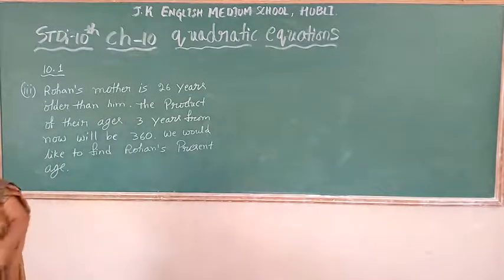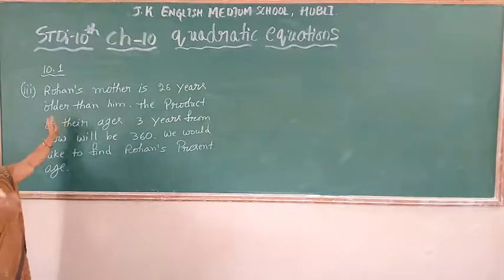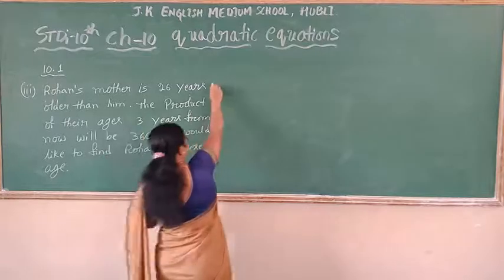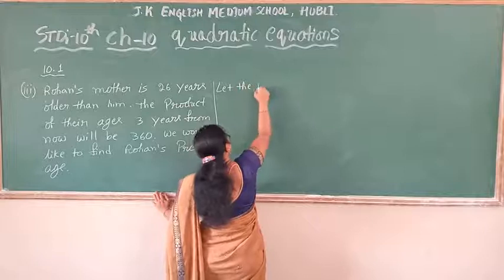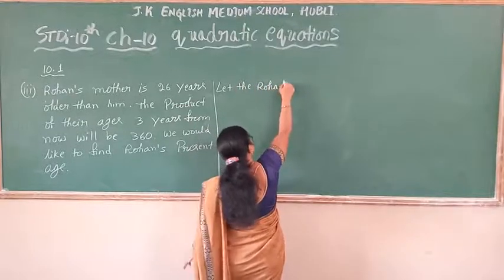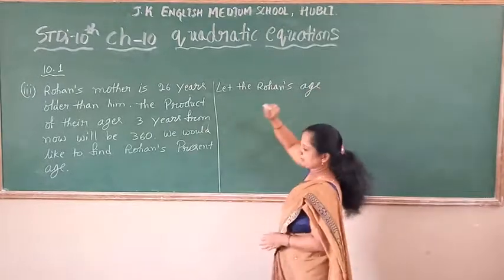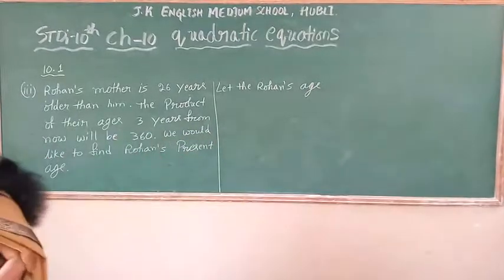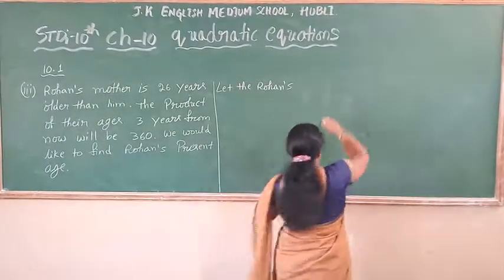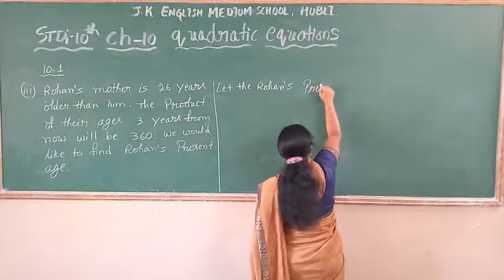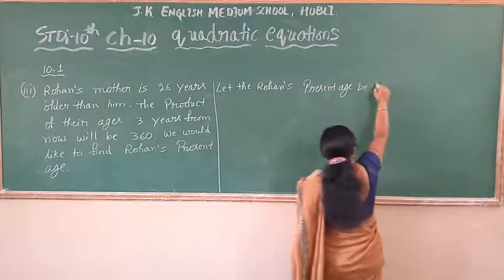Okay. So now Rohan's mother is 26 years older than him. Actually, we don't know the age of Rohan also. Let Rohan's present age be X years.